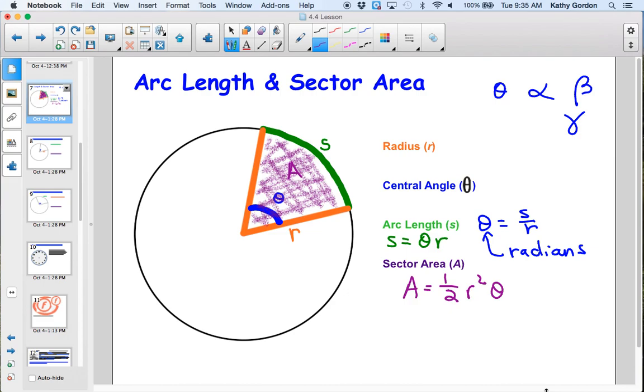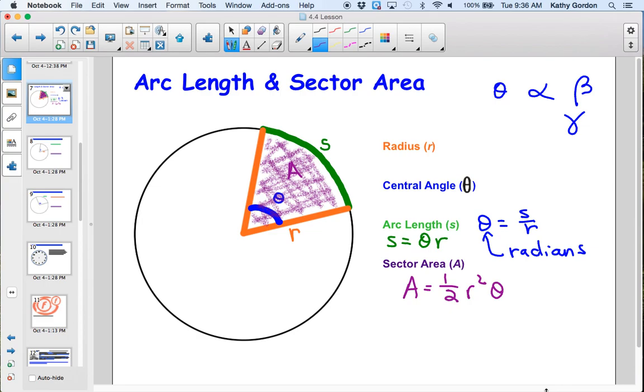When we talk about that wedge of pizza or that piece of pie kind of situation, it's kind of this triangular part of a circle. And so it's interesting, I think, that our area formula is kind of a fusion of the two of those. We've got that 1/2 out there in front like we would with a triangle, but then we've got that r squared times theta.